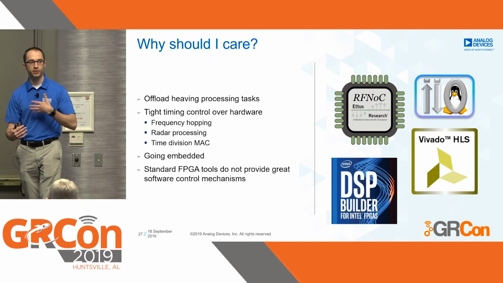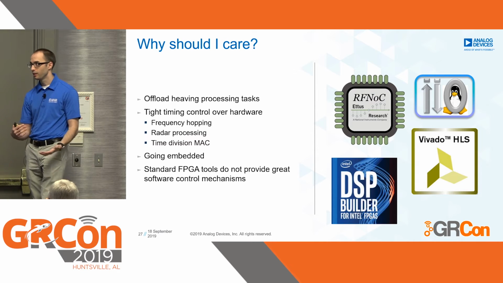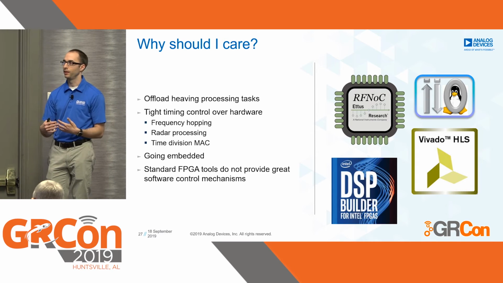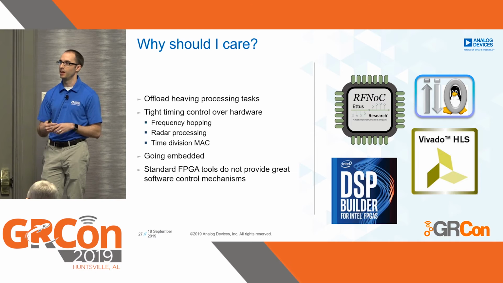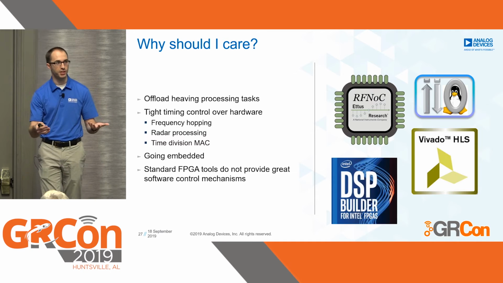And doing things over the network or over USB really is not the best way to do that, because there's inherent latency in those designs. Or, for example, if you're using a slotted MAC, like a time division multiplexing MAC system, doing things in software is not always the best option. And this is why it's really useful to do things on the FPGA.